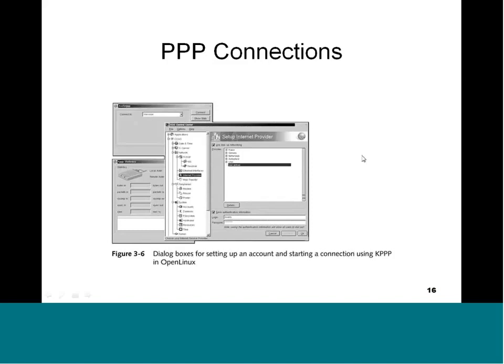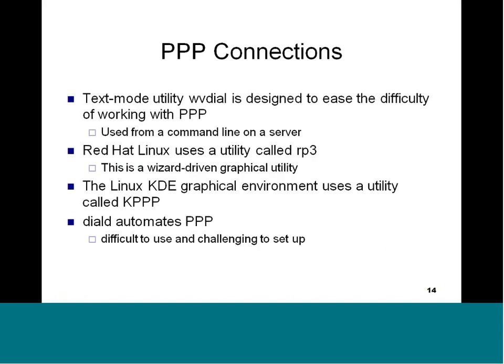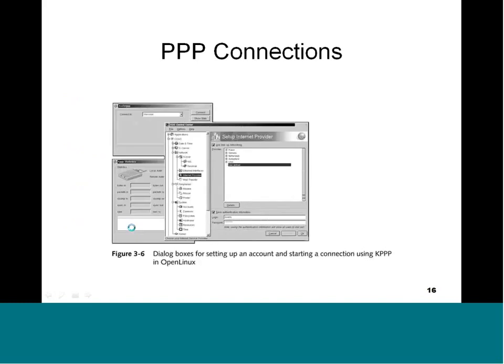So here there are more dialog boxes. This is used to set up an account and start a connection using the KPPP in OpenLinux. As I mentioned, there are other PPP servers, but in the Linux KDE graphical environment, this is KPPP, so it's using that KPPP to set up an account and start a connection.